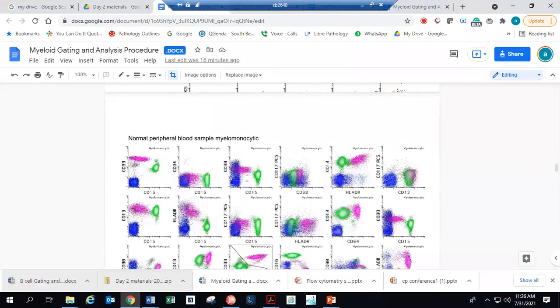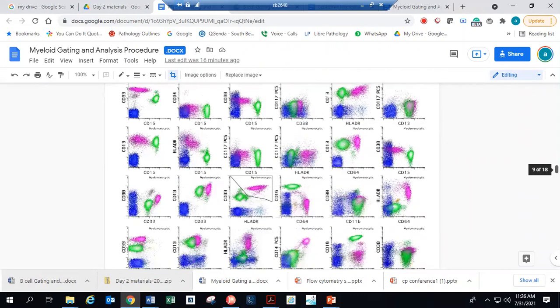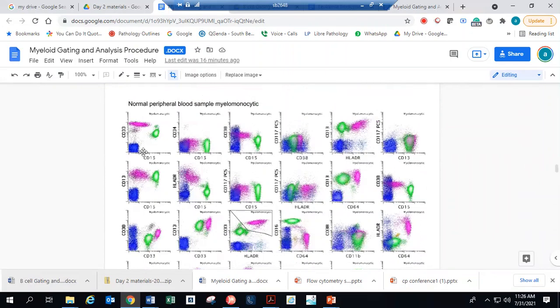Myelomonocytic, so what we have been emphasizing, this is all together what we have read till now, and let's see if we are able to make sense of this. So this is your normal peripheral blood myelomonocytic plots. And what we have been reading is CD15 bright, and then CD33 dimmer in the granulocytes than in the monocytes. So it is brighter in the monocytes and dimmer in the granulocytes.